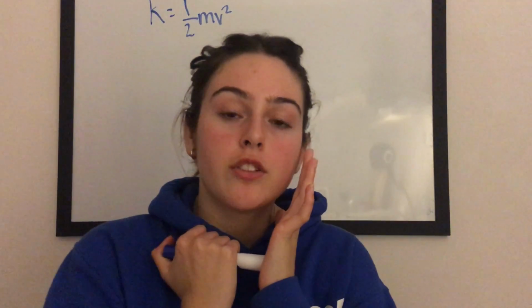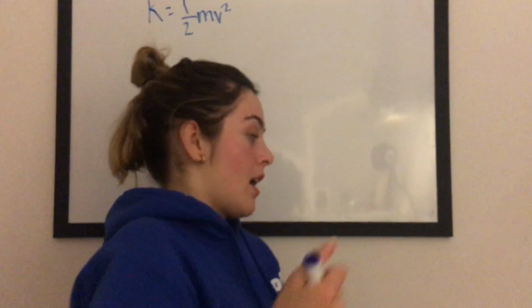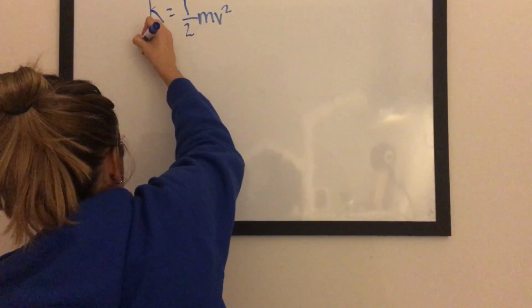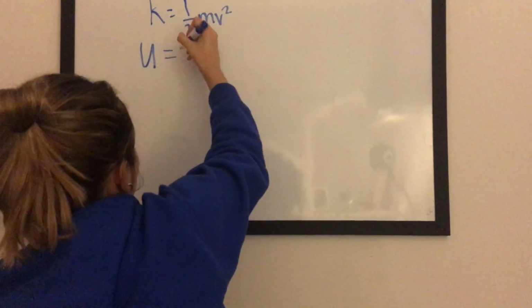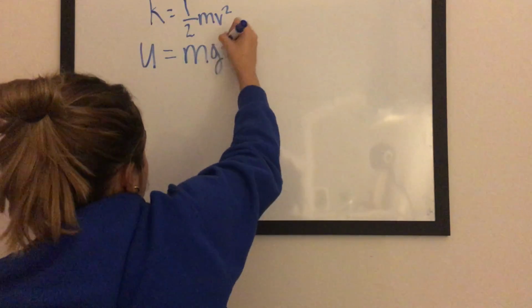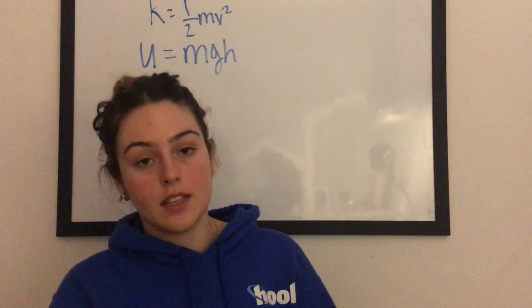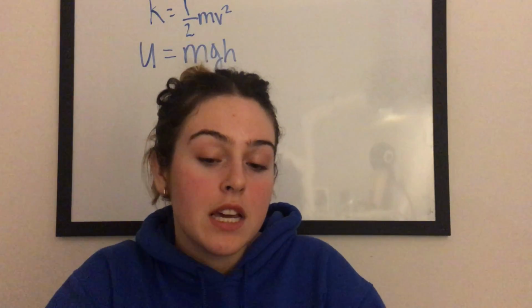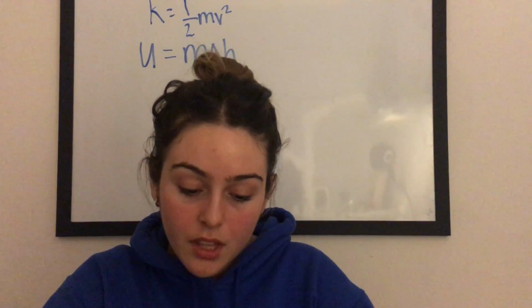One of the most commonly used formulas is U is equal to mgh, where m is mass, g is the gravitational acceleration, and h is the height.